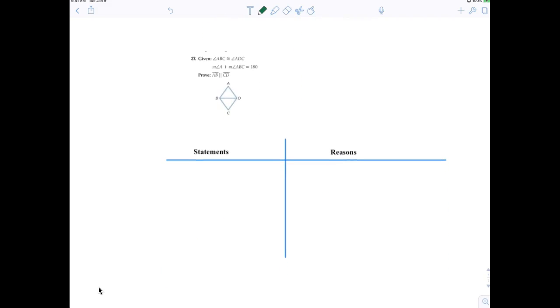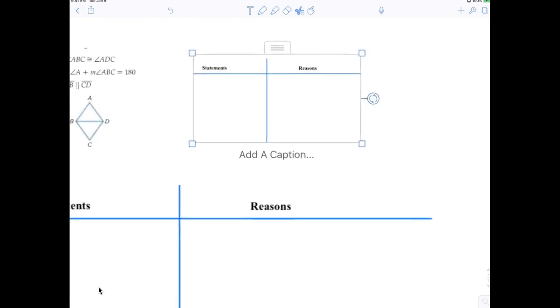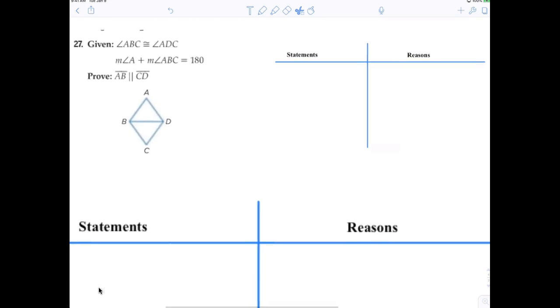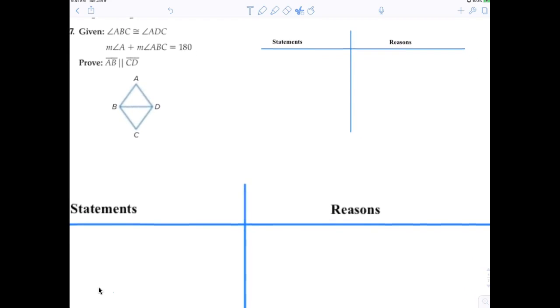Now, I think it would be better if I did this, though. Let me copy this, paste the image, break it down this way, and then I can blow it up. Don't you agree? Does everybody agree? I think it's better that way. So I'll try to write all the steps out this time.